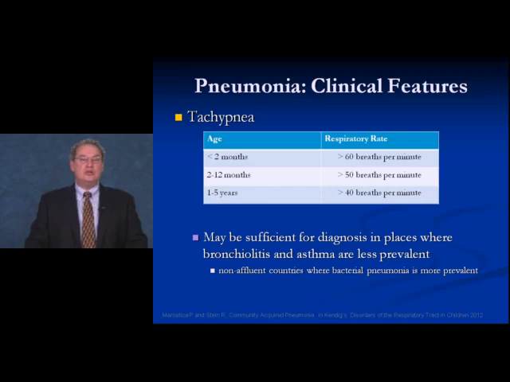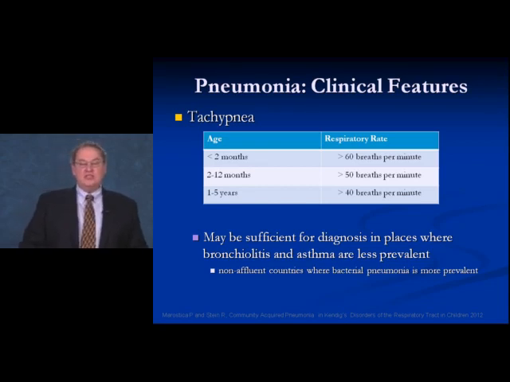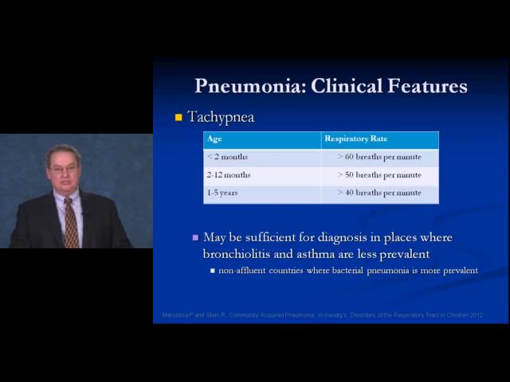So for the youngest children, less than 2 months of age, that threshold is more than 60 breaths per minute. 2 to 12 months, it's more than 50 breaths per minute. And between the ages of 1 and 5, it's more than 40 breaths per minute. So this may be sufficient for diagnosis in places where bronchiolitis and asthma are less prevalent, particularly non-affluent countries where bacterial pneumonia is more prevalent.